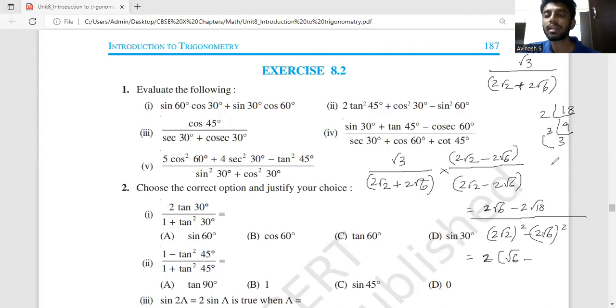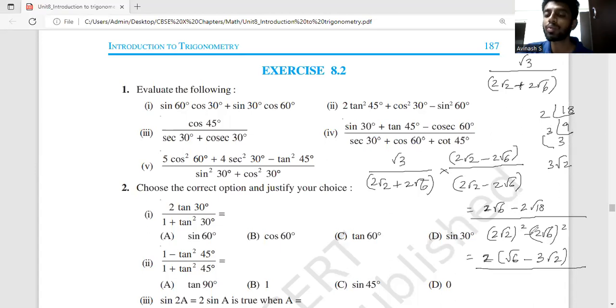So for these 3s, we can take one 3 out and write this as 3 root 2. Basically, we are factorizing 18 and we are getting 2, 3 and 3. For these 3s together, we take one 3 outside and the remaining thing you're left with is 2. So root 18 can be written as 3 root 2, divided by.